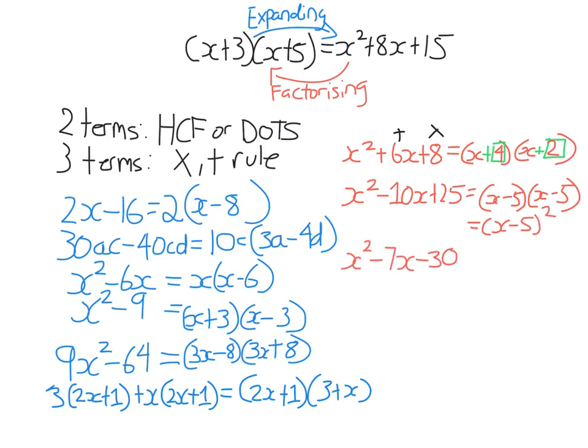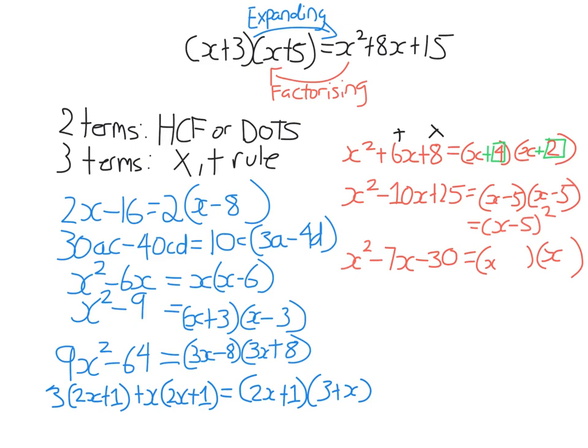So these ones are a bit hard where the constant term is negative, but we're going to follow the same process. We're going to set up 2 brackets with an x in. Now I'm trying to find 2 numbers that multiply to negative 30 and add to negative 7. So I go through factors of 30, but because this is negative, 1 is going to be negative and 1 positive.